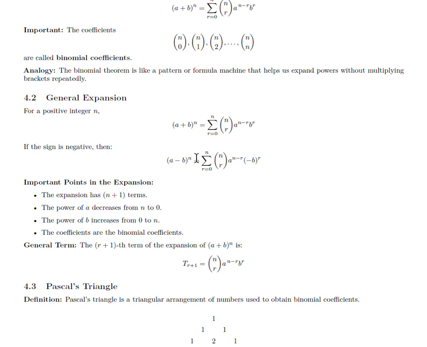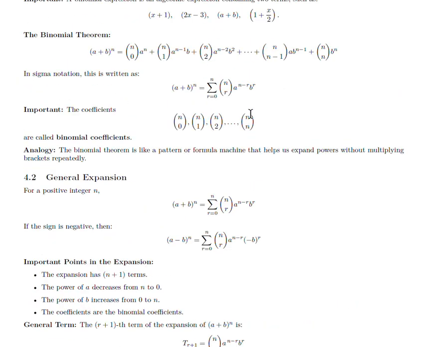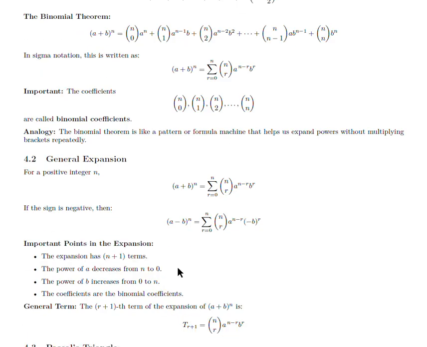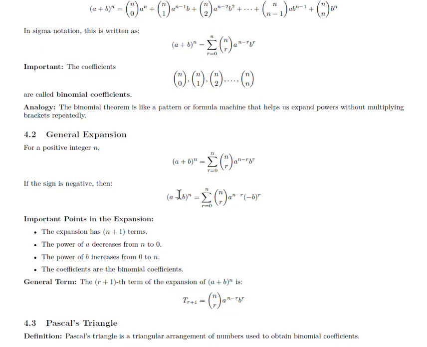Right now, this is the formula, the summarized formula that we saw earlier. And when the operation sign in our binomial is minus, this is the formula as well.